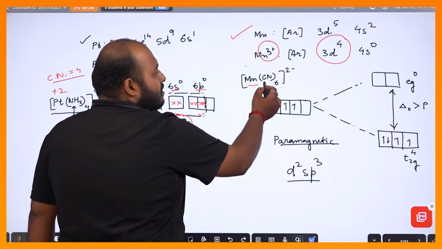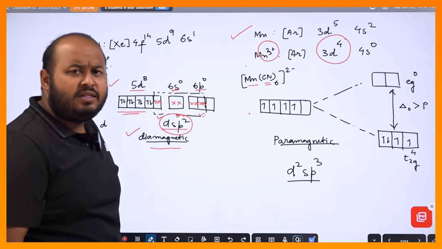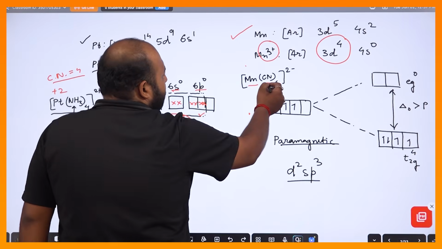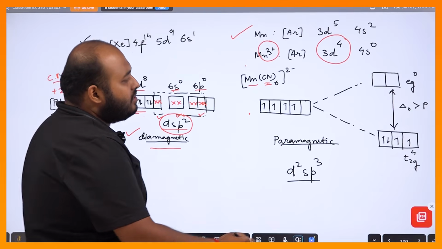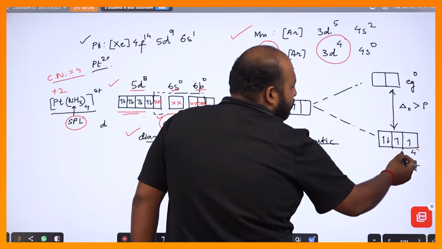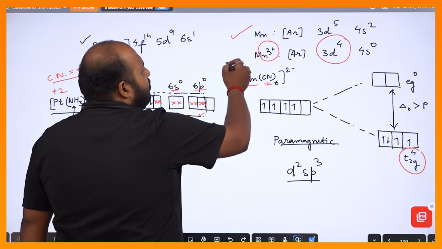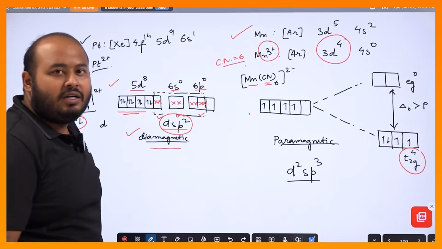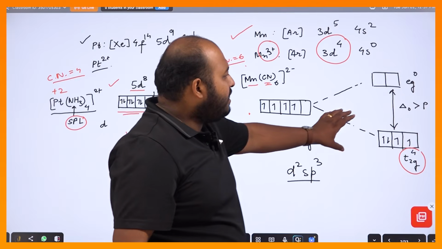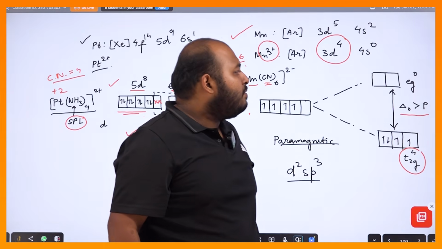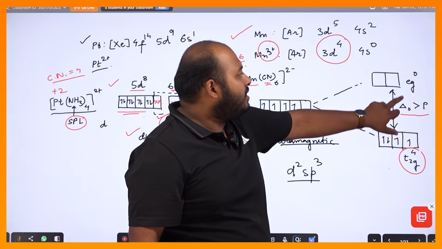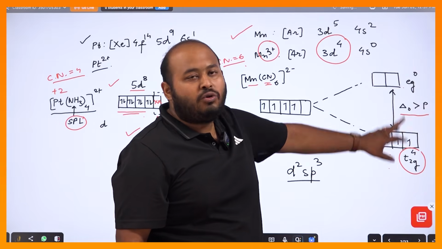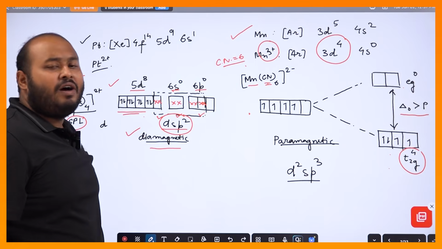As the ligand present in this case is a strong field ligand, that is the cyanide molecule, and as there is coordination number 6, the field which is present here is octahedral. So due to octahedral splitting, there will be a t2g and eg set, 3 orbitals of t2g and 2 of eg, which will be of higher energy.